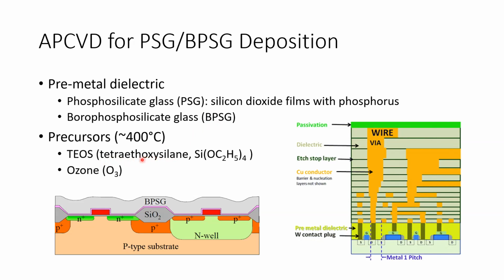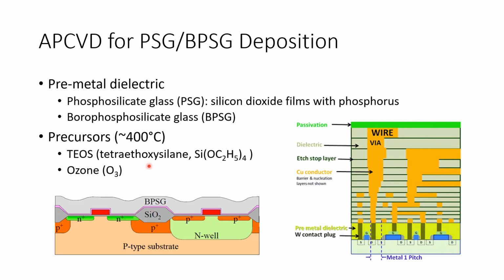There's a spelling mistake in the textbook. Here we have silicon, oxygen, carbon 2, hydrogen 5. So tetraethoxysilane, together with ozone, O3. These two materials are normally used as precursors.